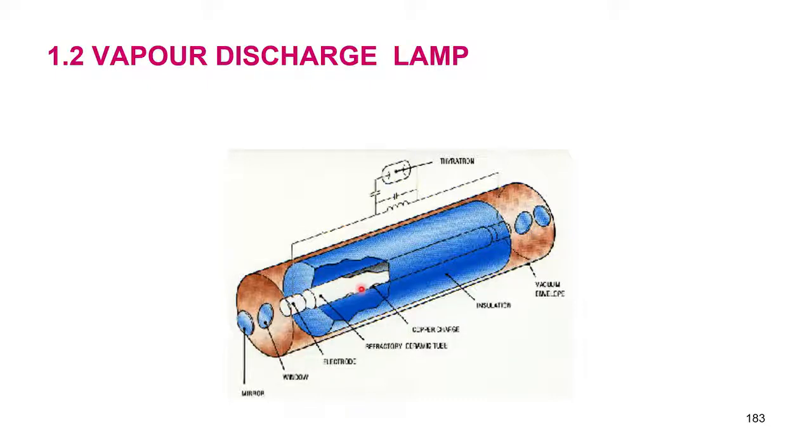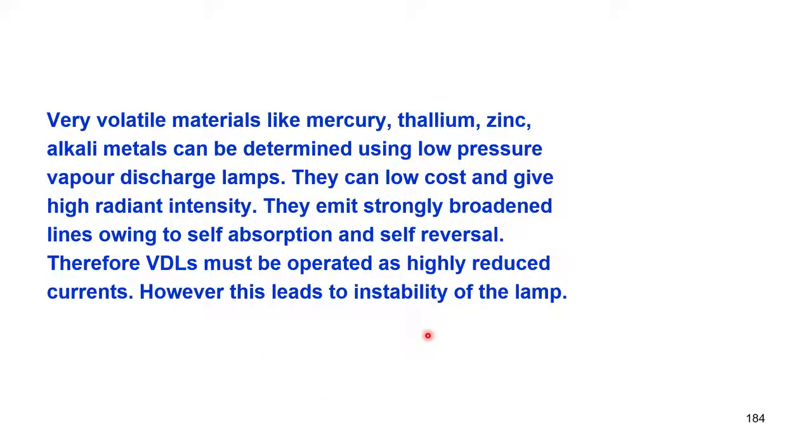And if I want to make a copper estimation, I wind a copper wire along this vapor discharge lamp. So, it is all insulated nicely, and then the lamp is ready for use.